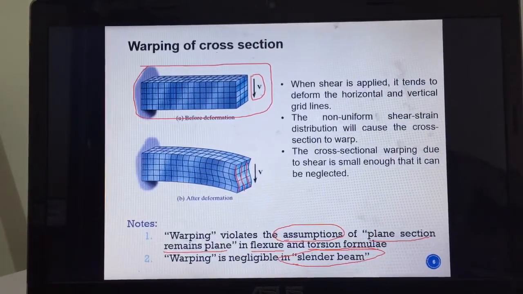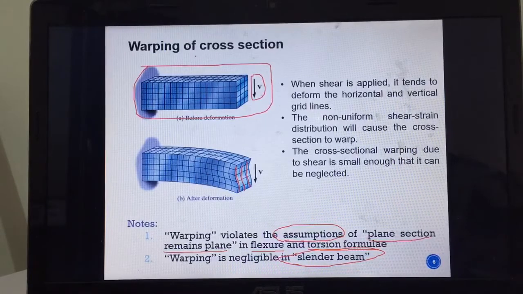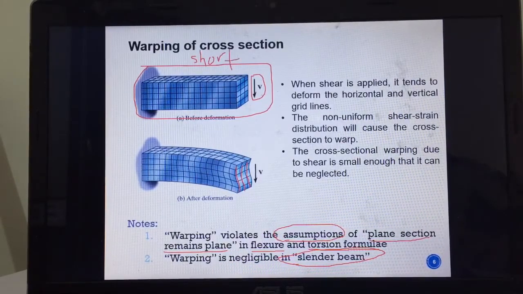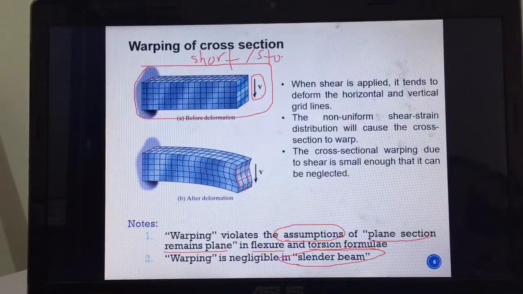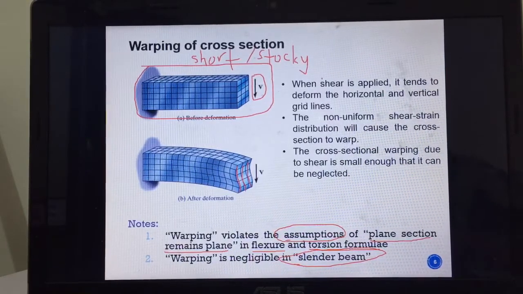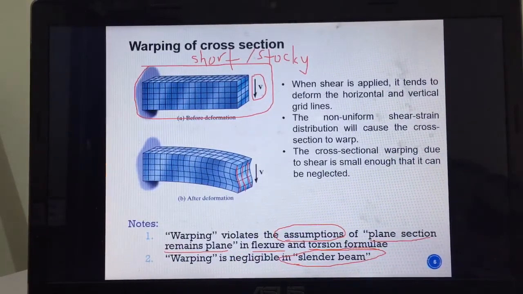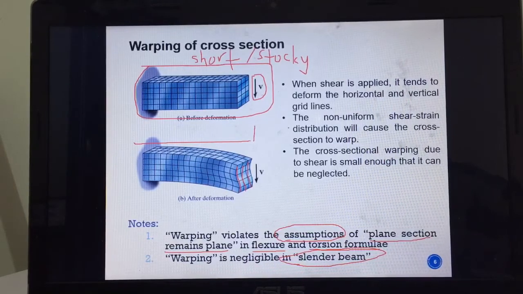So this is what we call a short beam, S-H-O-R-T, short beam, or stocky. Just a fancy name given. What it means is that if the beam has a very long length compared to the thickness, they call it a slender beam.